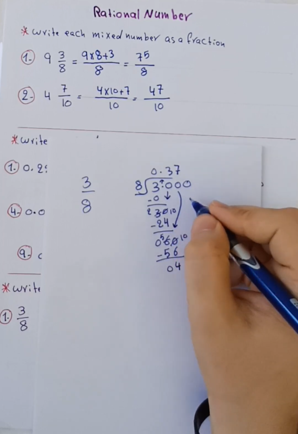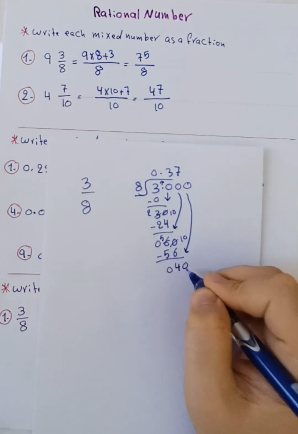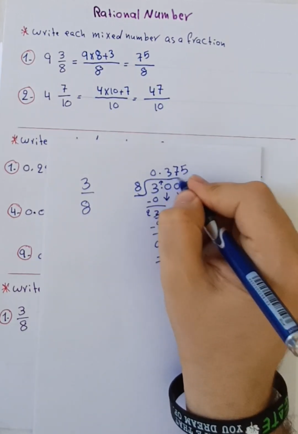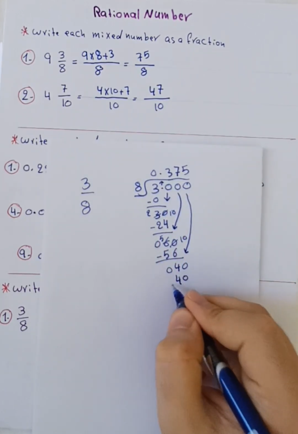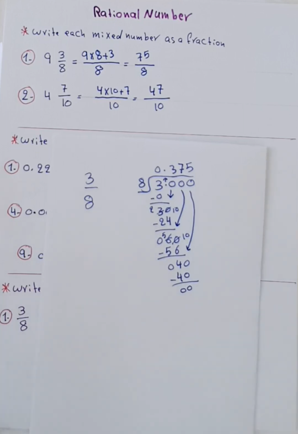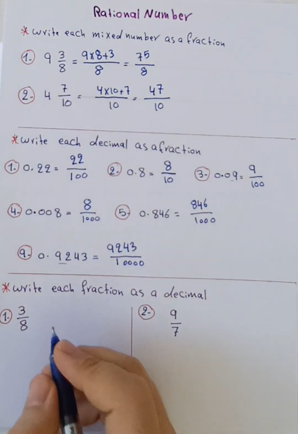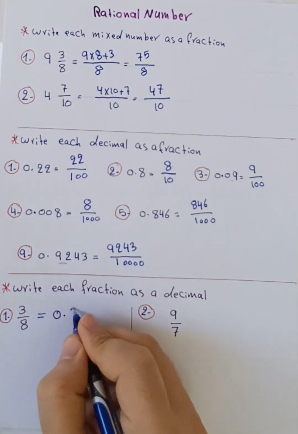And then we have to write another 0 and bring it down, you have 40. 40 divided by 8 is 5. 5 times 8 is 40. 40 minus 40 is 0. So the decimal form for 3 out of 8 is 0.375.